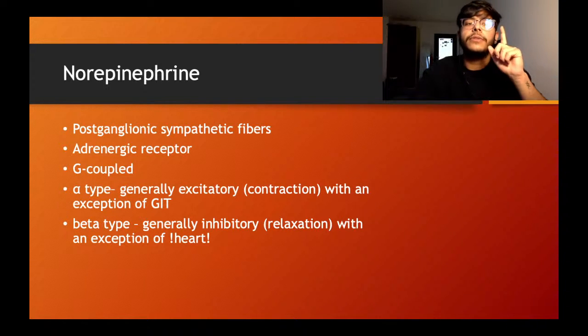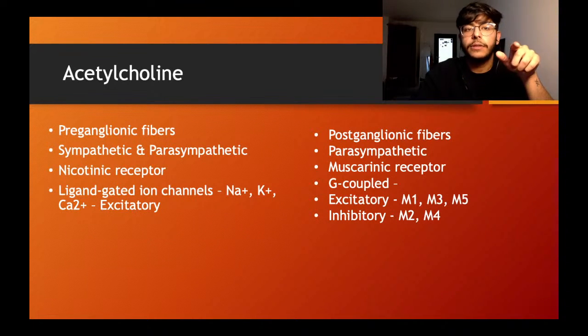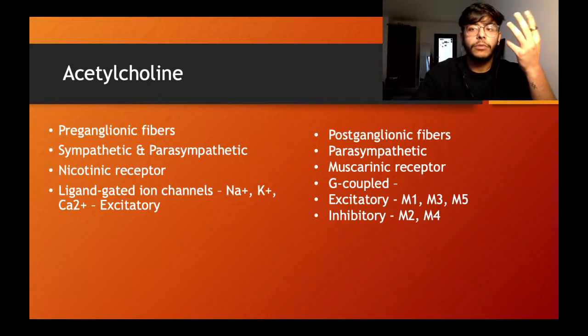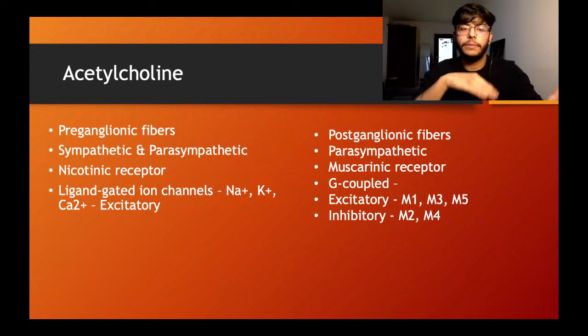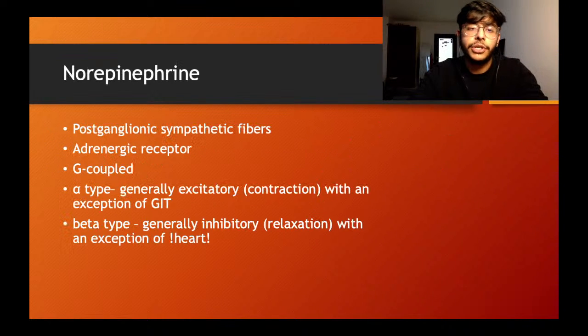Now, one major difference is that the acetylcholine nicotinic receptors are mainly ligand-gated channels, wherein they use ions like sodium, potassium, and calcium to create a change between the ionic composition inside and outside, which leads to a certain change. Whereas norepinephrine and adrenergic receptors are G protein coupled receptors. And I'm sure you've heard of G proteins from biology.